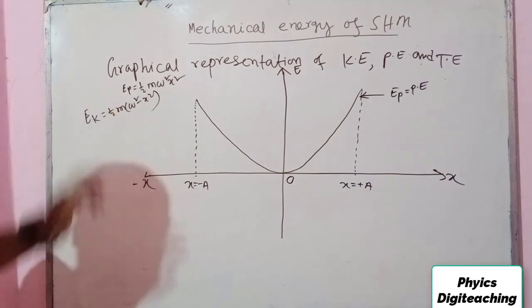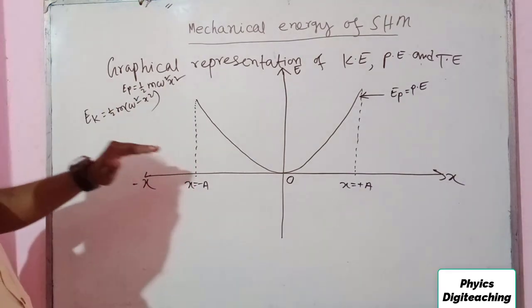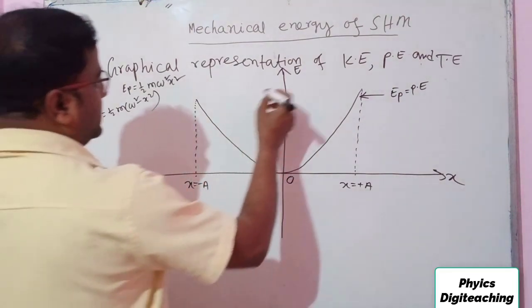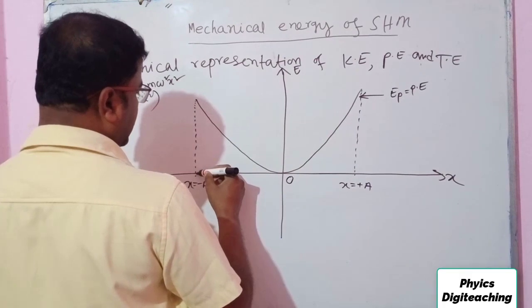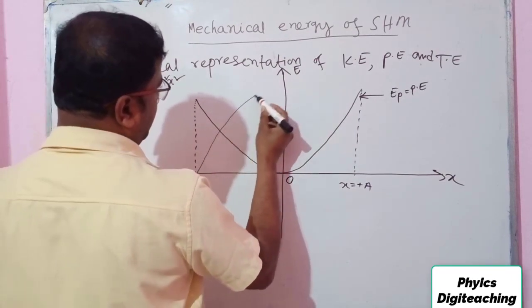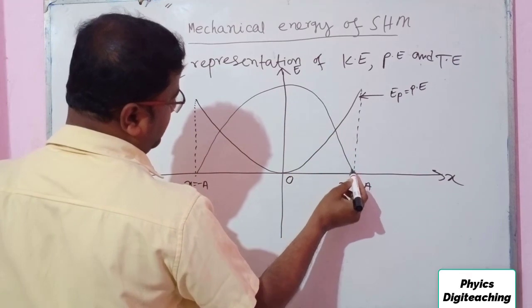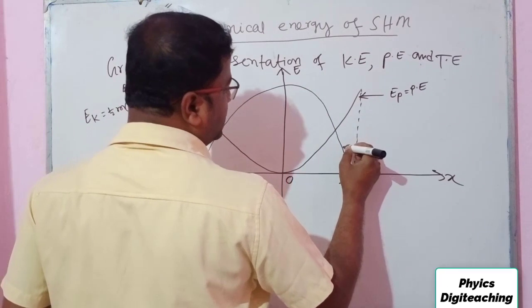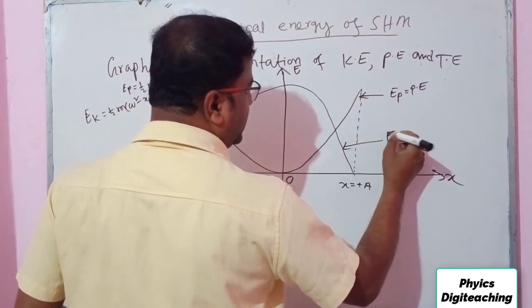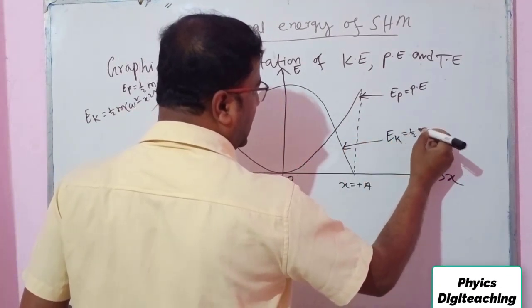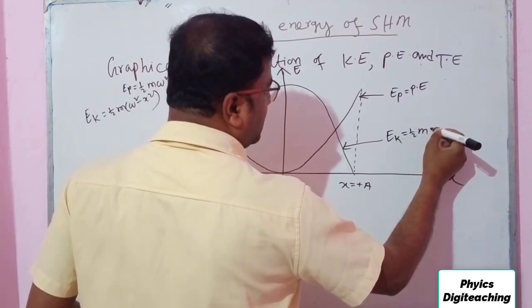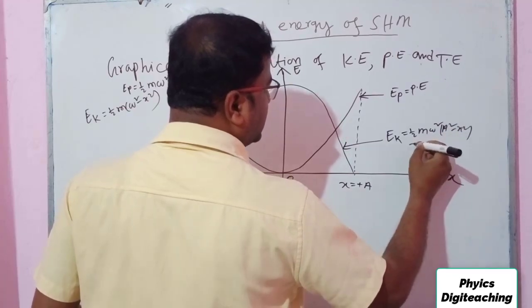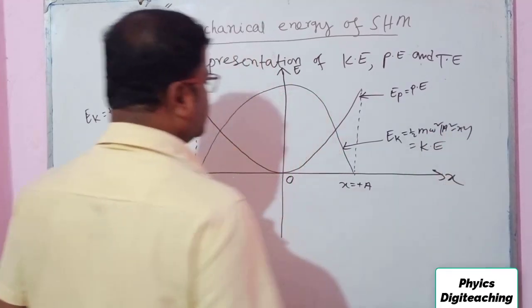This is also the equation of a parabola, but the vertex is not at the origin. This is our form of kinetic energy, and this is our kinetic energy graph.